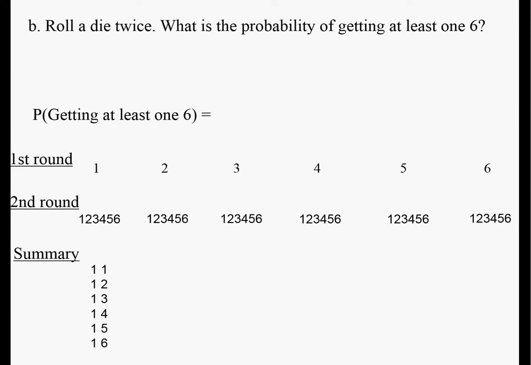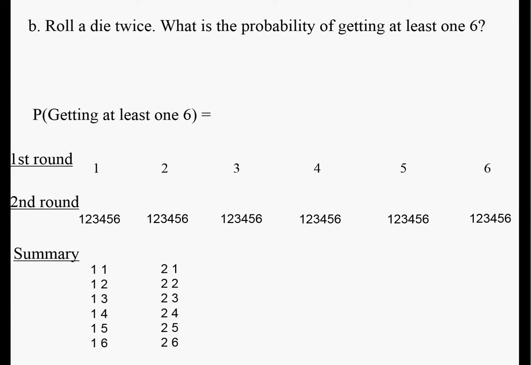Now, if the first time you got 2 and the second time you got 1, you would get a combination of 2 and 1. And if the first time you got 2, second time you got 2, you would get a combination of 2 and 2. And similarly, you could also get a combination of 2 and 3, and 2 and 4, and 2 and 5, or 2 and 6. That's very clear. And apply the same principle to all other possible cases.